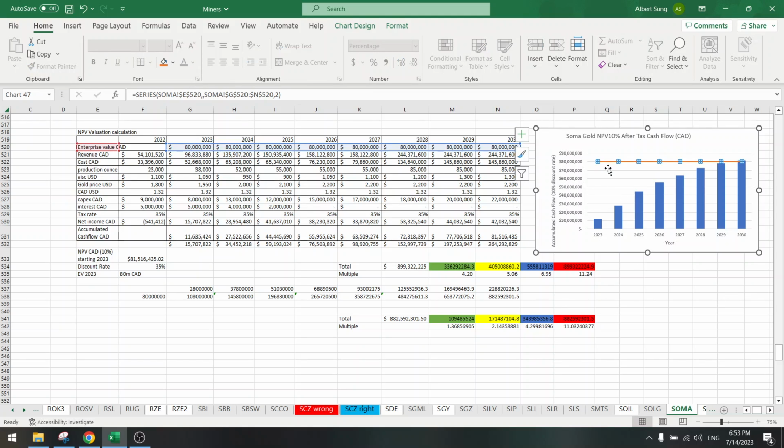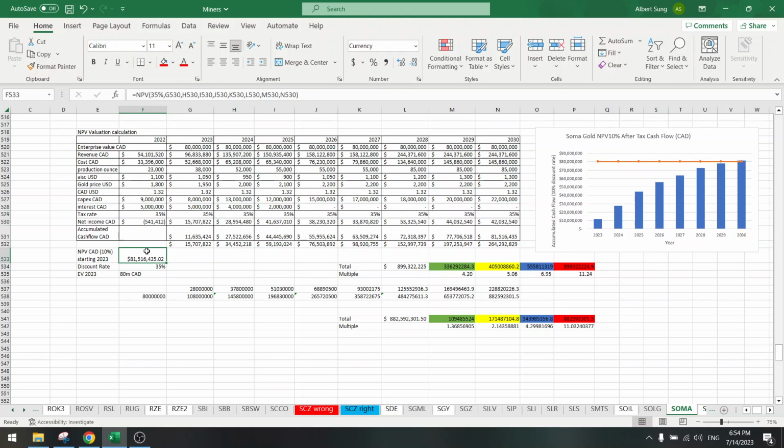Okay? It's worth 80 million, because 80 million is equal to the end NPV of this project at 35% discount rate.